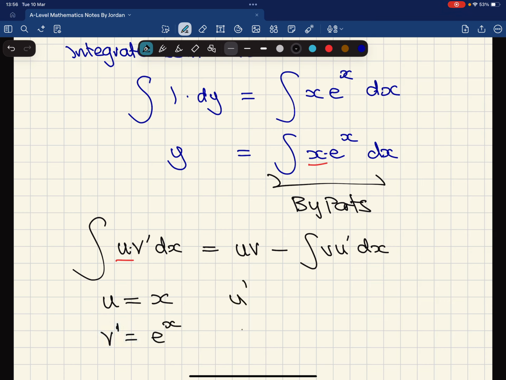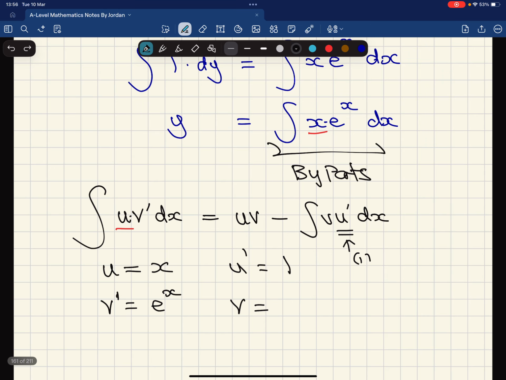And so we need to compute u dash and v. To get u dash, we differentiate x, which just gives us 1, as we said earlier, a constant, which is nice. So when we get to this part here, you'll see that this will just be a 1, meaning that integral has been simplified, as it will then just be v.